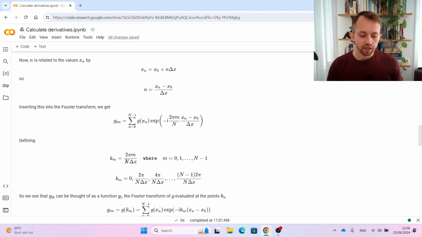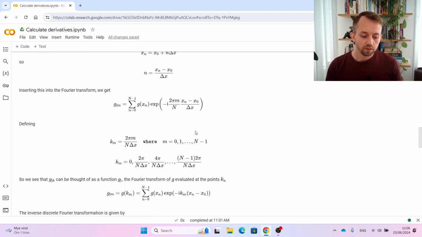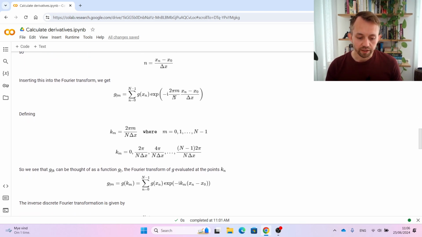And if I now define these k values, km, where m goes from 0 to n minus 1, of 2 pi m over n delta x, which is everything that is not multiplied by xn minus x0, then you can see that I can replace this 2 pi m over n delta x with km.